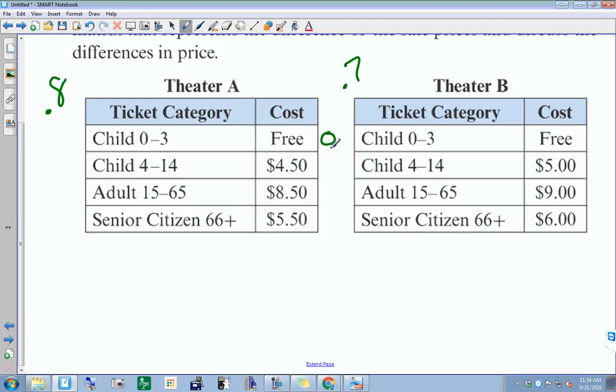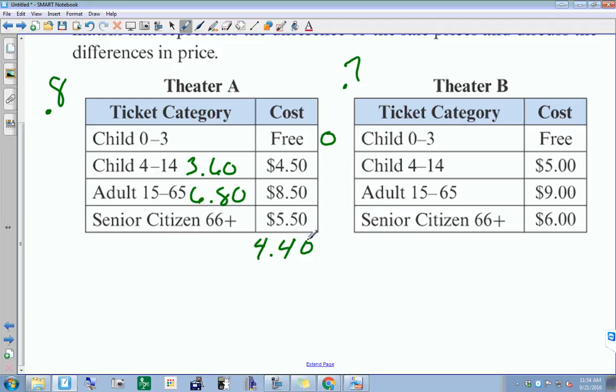What's 80% of 450? 360. So this one's going to cost $3.60. How much is the adult one going to cost? $6.80. And how much are the senior citizens going to cost? $4.40. Okay.